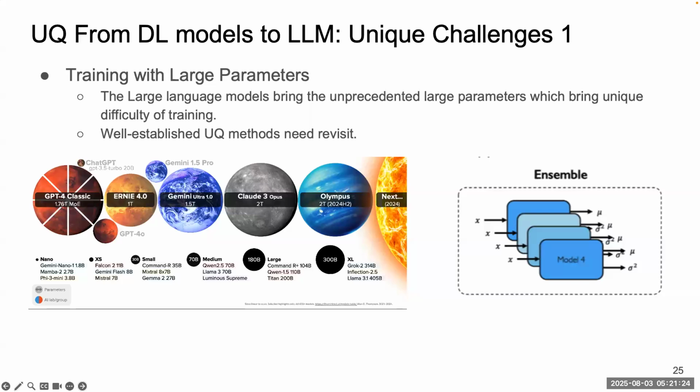That is the traditional way of estimating uncertainty with ensemble methods, but with a large number of parameters, you might think doing this is infeasible, right? This is the challenge of the scale of the model.